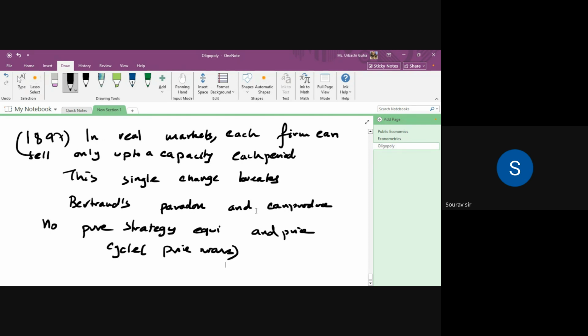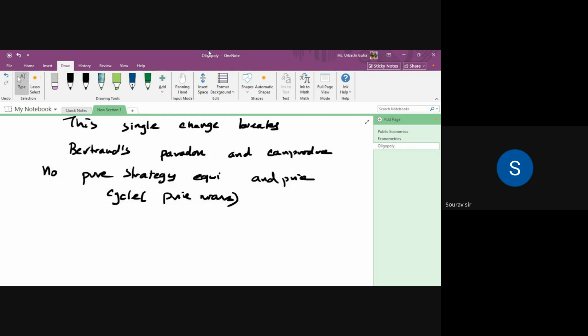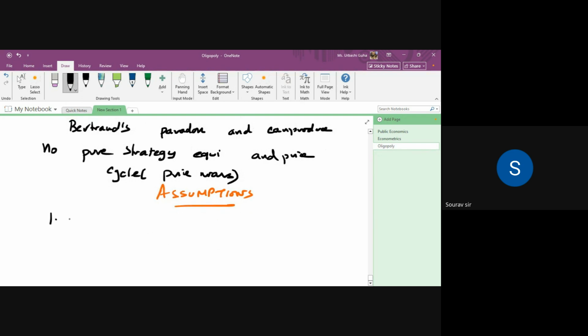Okay. So what are the assumptions then? Let's go with the assumptions. So for Bertrand, the first assumption goes: two firms, homogeneous product, constant marginal cost.